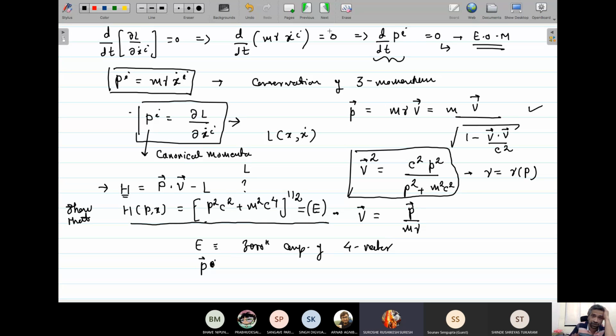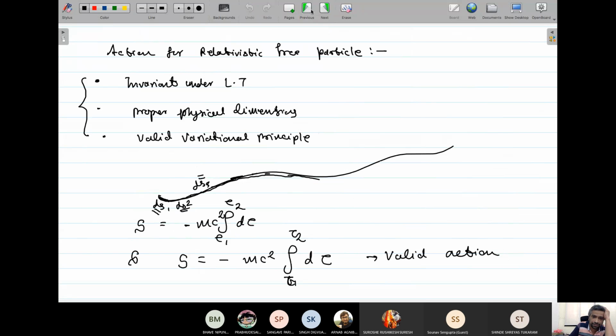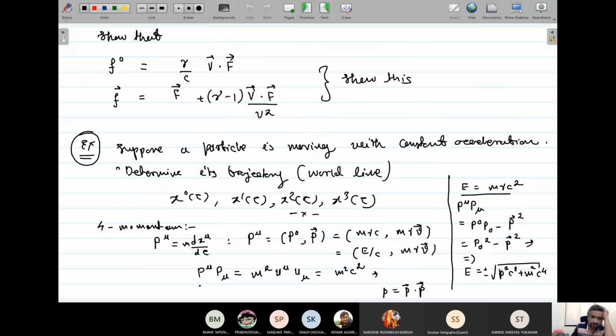So please keep track of which quantity is Lorentz invariant and which is not. P^mu is a Lorentz invariant quantity. How do we define P^mu? P^mu is P0 and vector P. Obviously, these will not be Lorentz invariant separately.